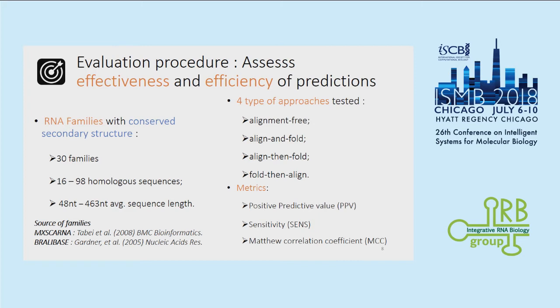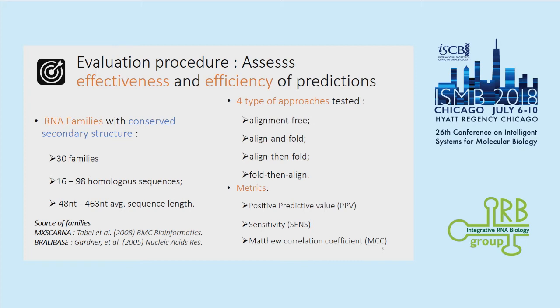To evaluate the predictions, we use the positive predictive value, PPV, the sensitivity, and the Matthews correlation coefficient. The PPV gives us information about the average correct base pairs found by each approach. The sensitivity is the average number of true base pairs found by each algorithm.